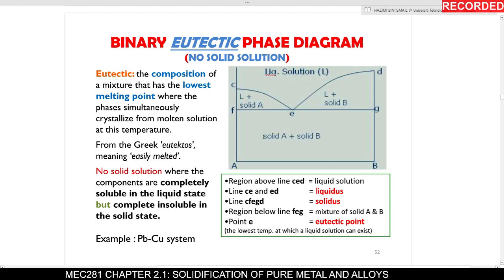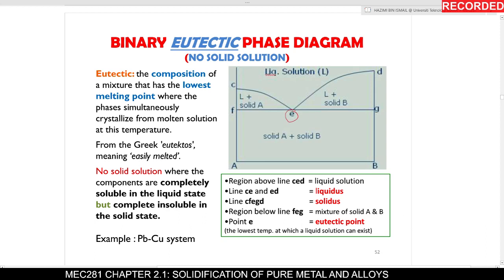That's why we have two types of element here, solid A and solid B separately. So where is the eutectic point? This one, at E here.